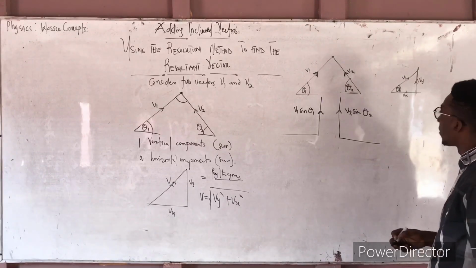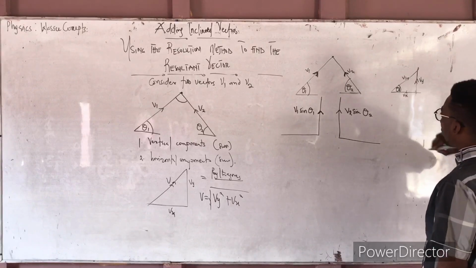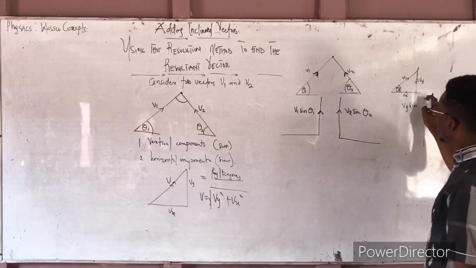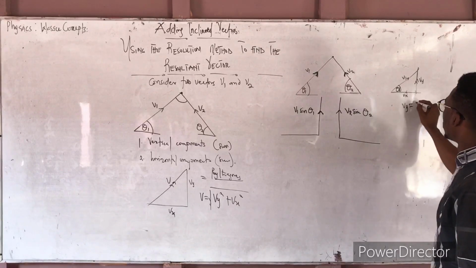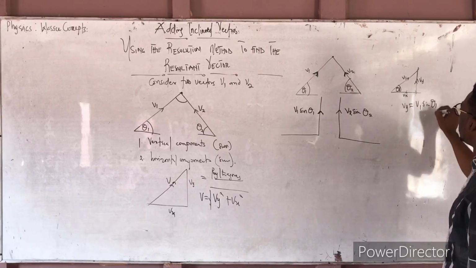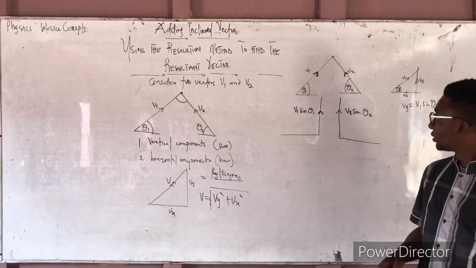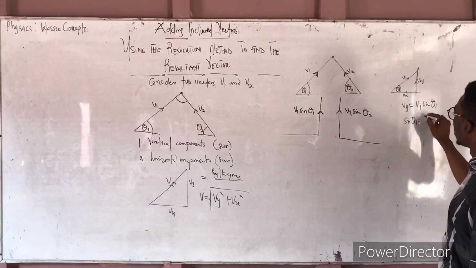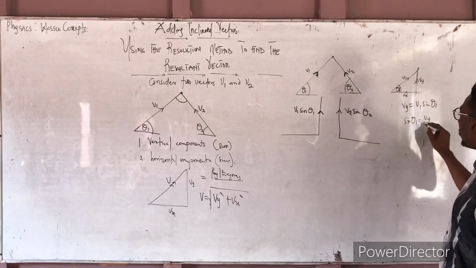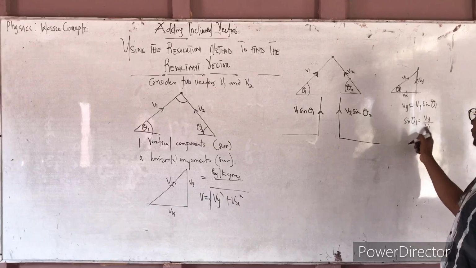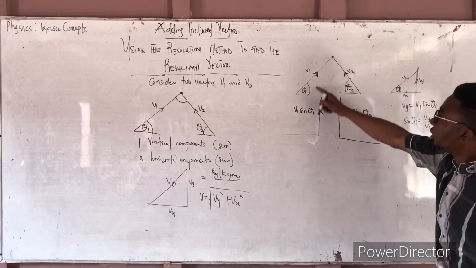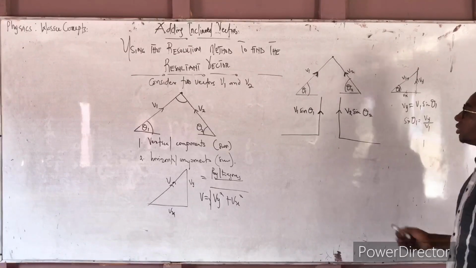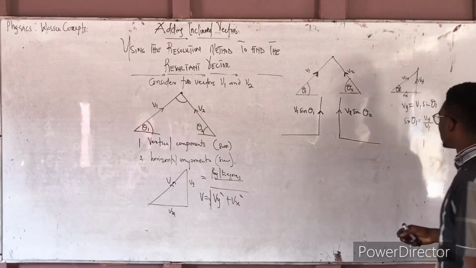How do you find V1y? As we did in previous videos, sine θ1 equals opposite, V1y, over the hypotenuse, V1. So V1y is V1 sine θ1. That's how we got this. And the same thing we do for V2, to find the x, or horizontal, component.